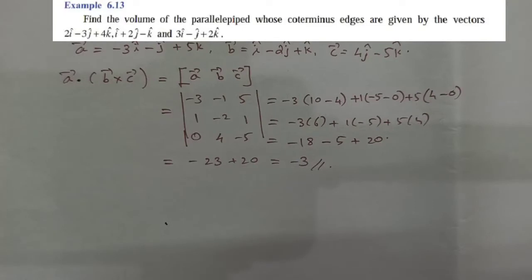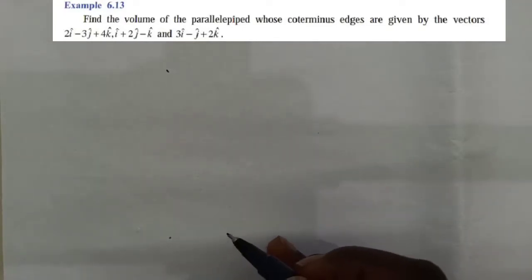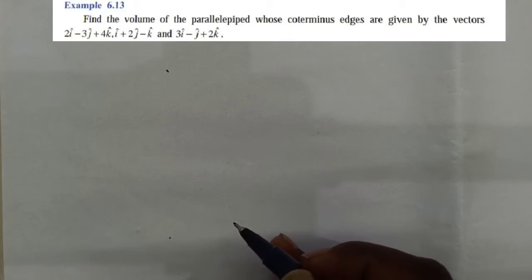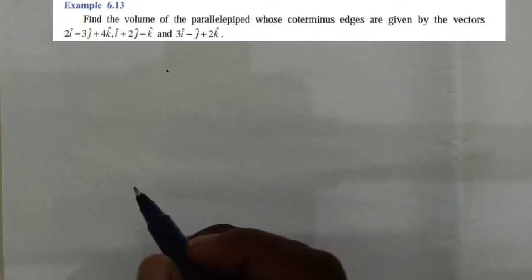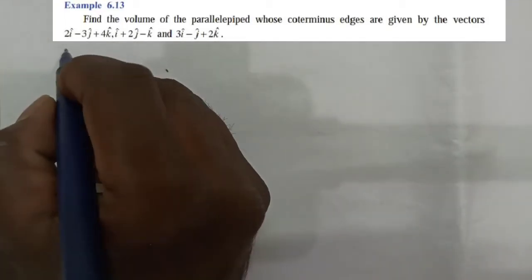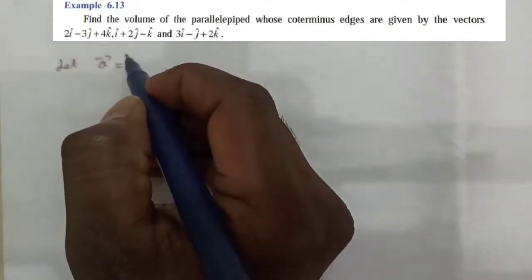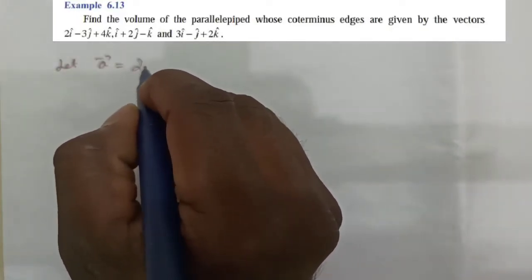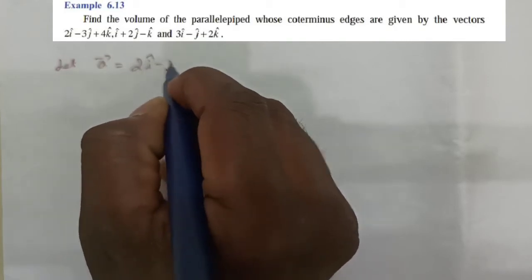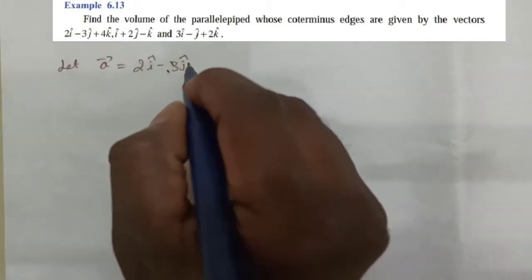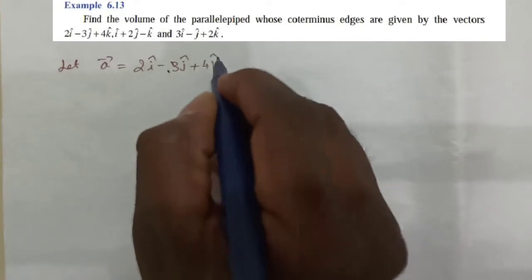So this is the value. Next, example 6.13. The question: find the volume of the parallelepiped whose coterminous edges are given by the vectors. So three vectors are given. Let vector a equal to the first one, 2i cap - 3j cap + 4k cap.